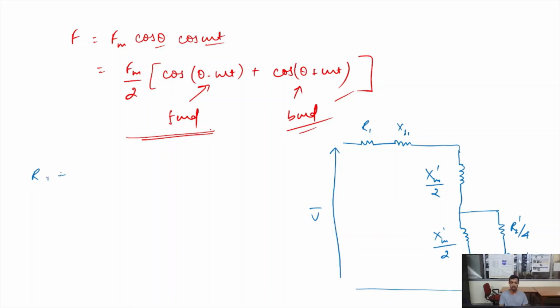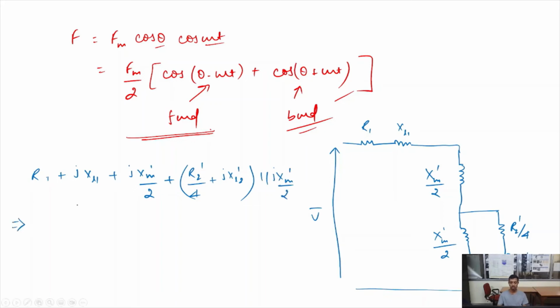So we will calculate here R1 plus jXL1 plus jXm dash by 2 plus R2 dash by 4 plus jXL2 dash in parallel with jXm dash by 2.